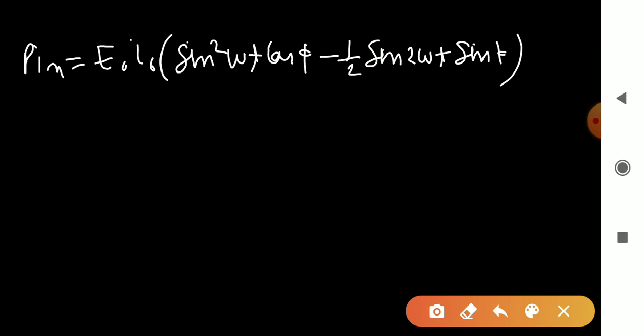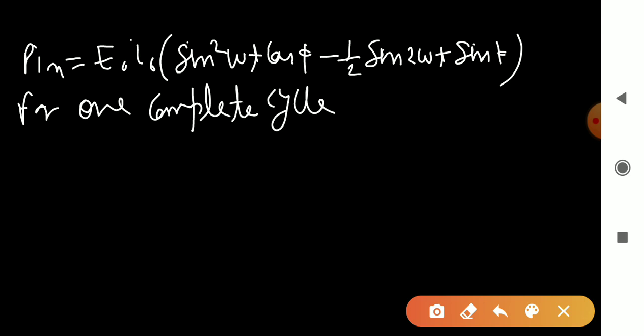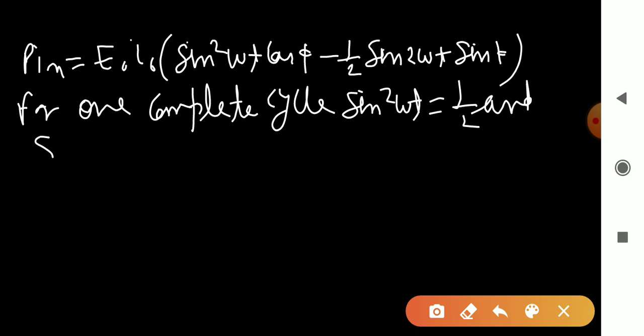And for one complete cycle, the average of sin square omega t is 1 by 2, and the average of sin 2 omega t is 0.